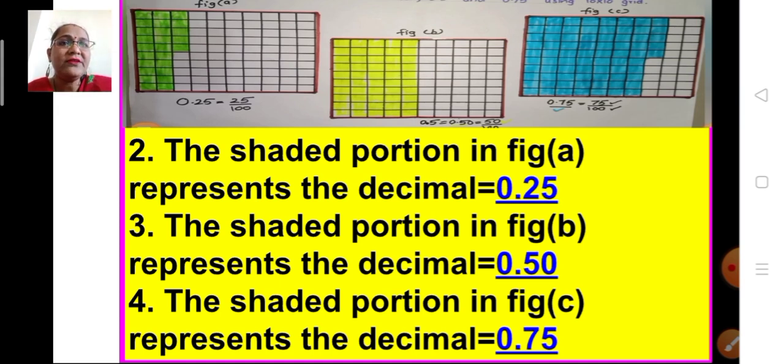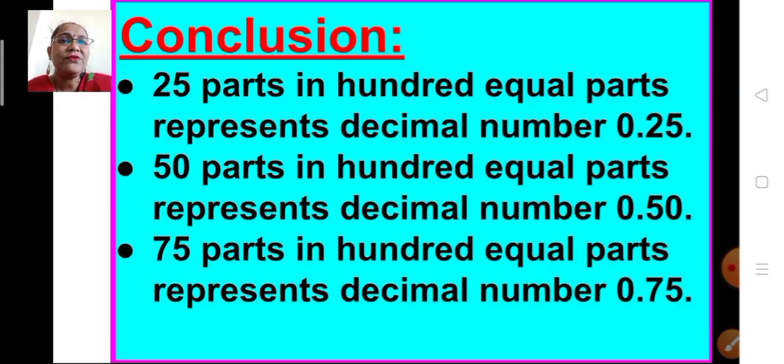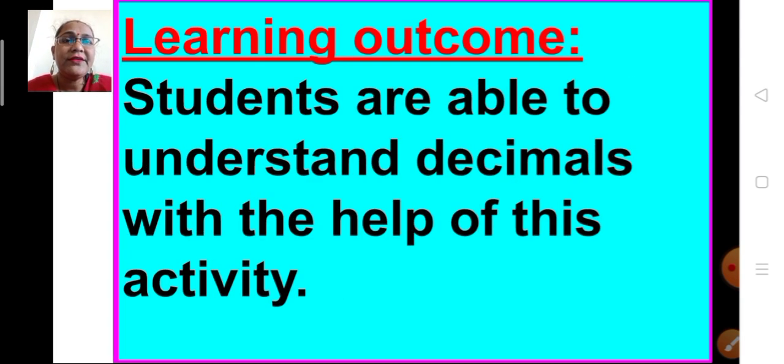Then after observation you will write the conclusion. And what is the conclusion? 25 parts in 100 equal parts represents decimal number 0.25. 50 parts in 100 equal parts represents the decimal number 0.50, and 75 parts in 100 equal parts represents decimal number 0.75. Then last you will write the learning outcome.